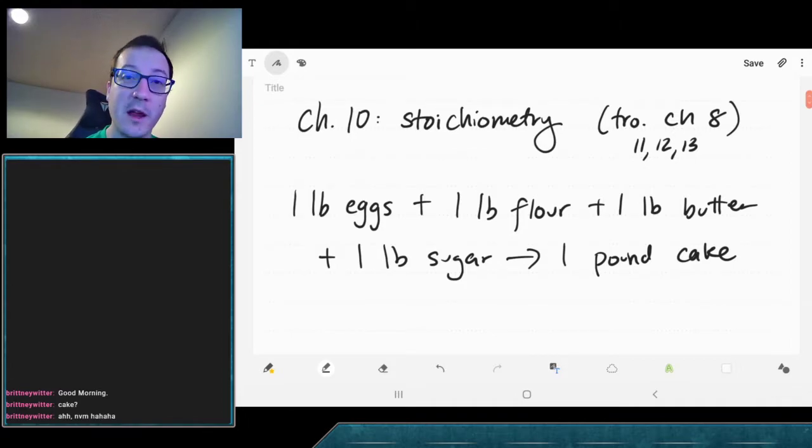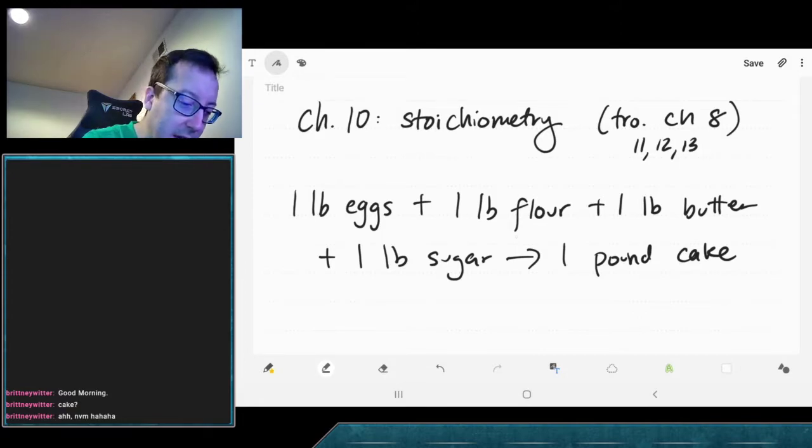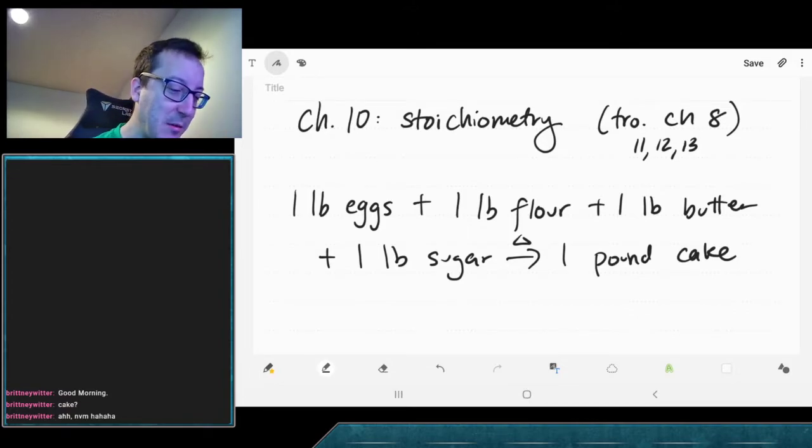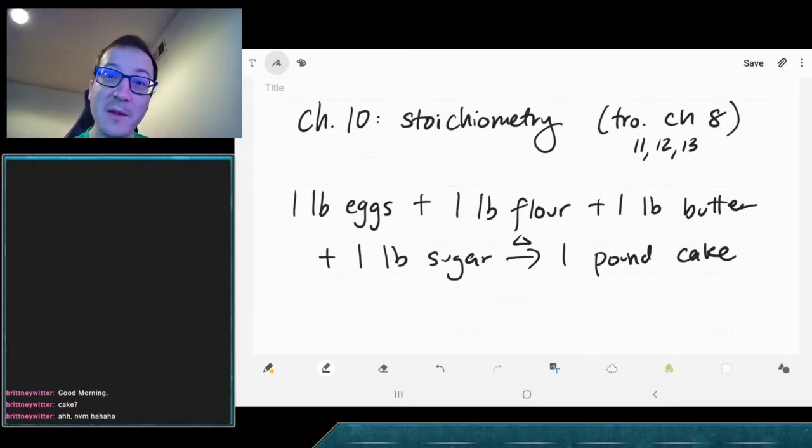We have 4 reactants that are combining to make a cake. We're going to have to heat this, of course. This is an endothermic reaction, not necessary for this particular step. But we can use this to see how much of our ingredients we're going to need if we want to produce a certain number of cakes.